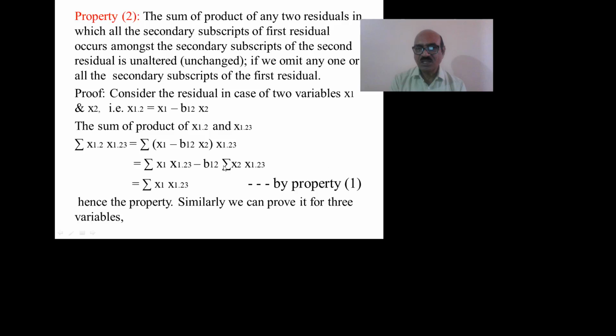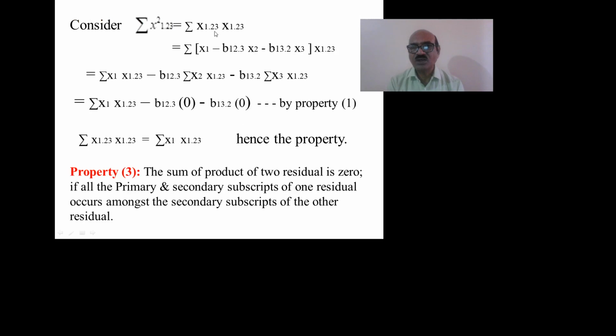Now we will prove it for three variables also. Three variables means x1.23 and x1.23. This is the residual for three variables, and this is also a residual for three variables. So x1.23 squared can be written in this fashion. Now this residual is written in this square bracket, and this x1.23 is as it is, we have kept. Again I will multiply by this x1.23 inside the bracket and take separate sums. So this will be x1 into x1.23 minus b12.3 summation x2 into x1.23 and b13.2 summation x3 into x1.23.